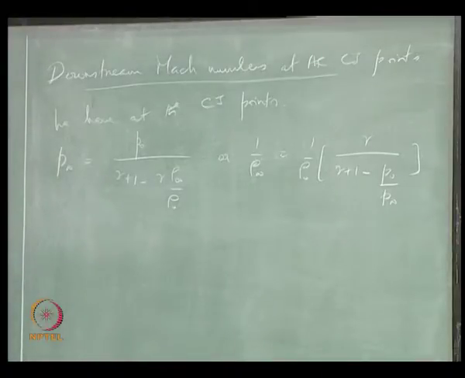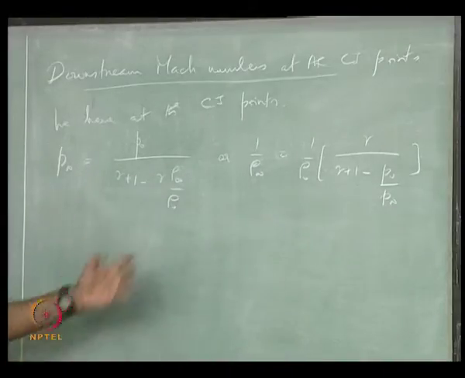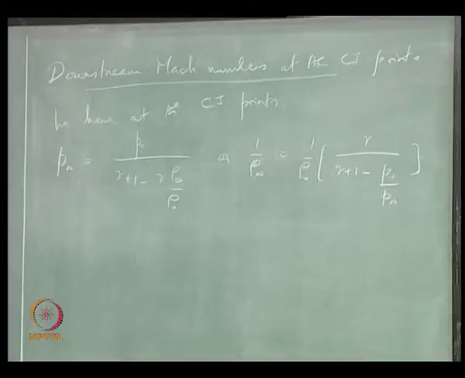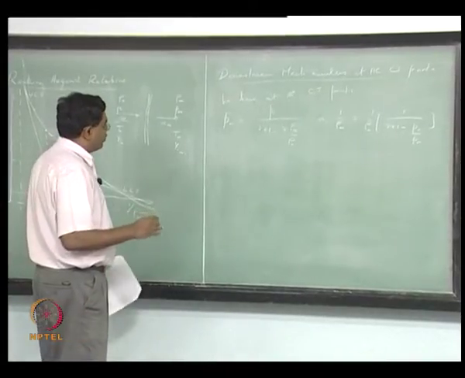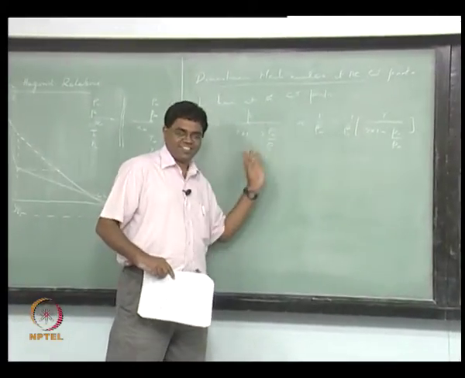What you did was you actually plugged this into the Hugoniot curve expression and got the quadratics and solved them to get the coordinates for the LCJ and the UCJ. But you can now go back and plug these in the Rayleigh line itself.